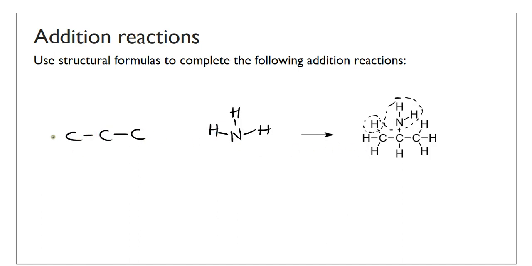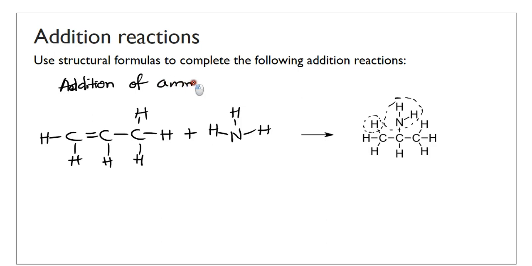So you have these two hydrogens left. And you need a double bond here. So let's do a double check. That's not good. Let's draw it again. 1, 2, 3, 4, 1, 2, 3, 4, 1, 2, 3, 4. Every carbon has 4 covalent bonds. Okay, so that looks good. So this is addition of ammonia.